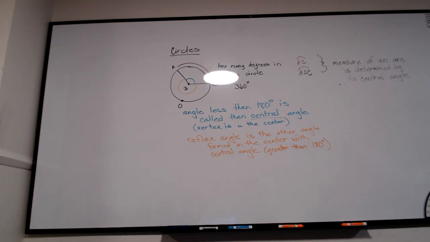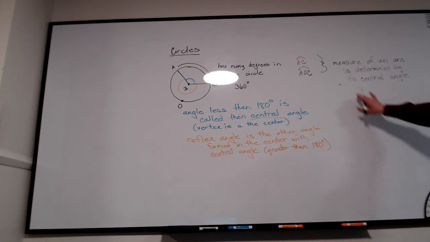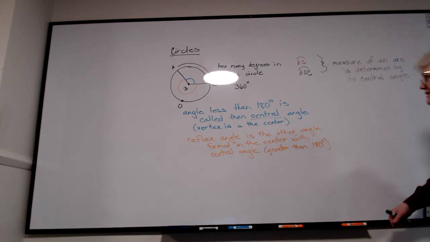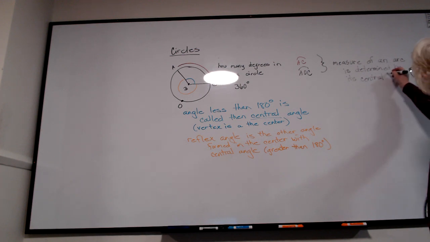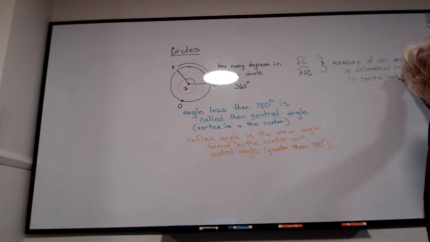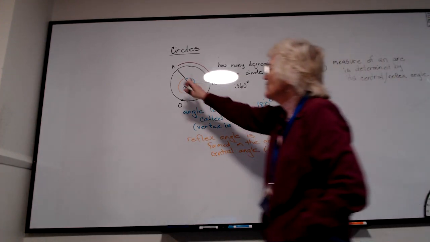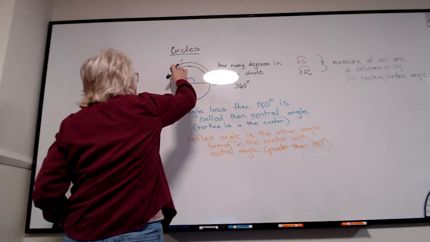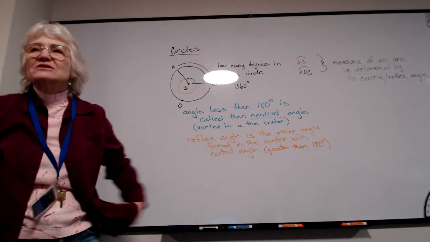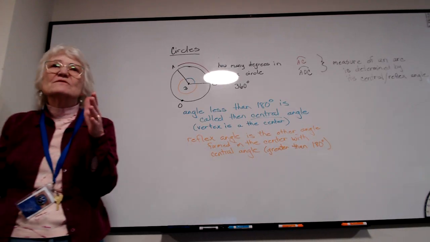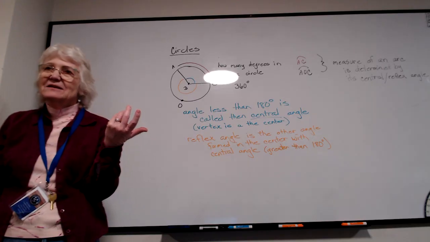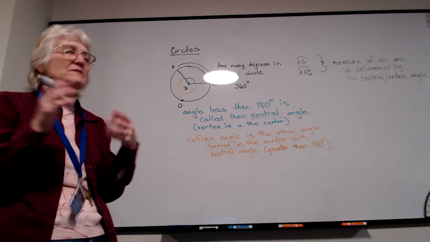I shouldn't call it just the central angle, but the central or reflex angle. Whatever angle is here, that's the measure of the arc. So the arc is just the length around the circumference measured in degrees. Okay, so that's what arcs are called.